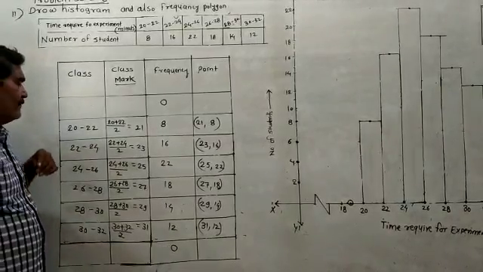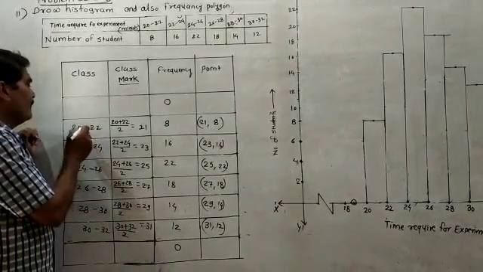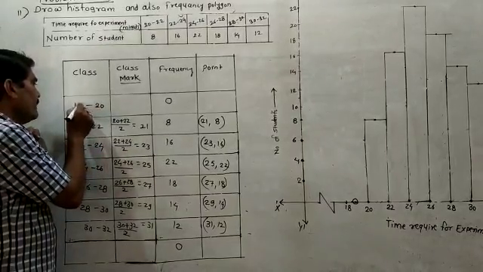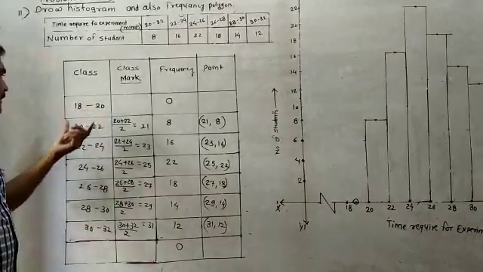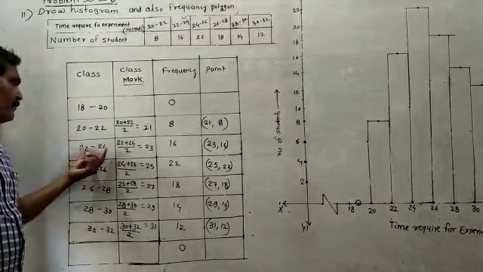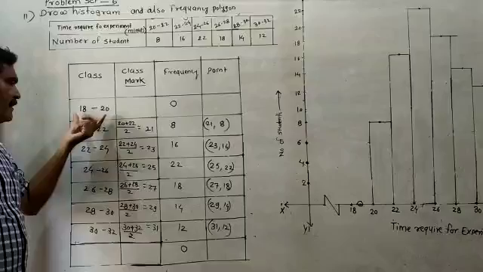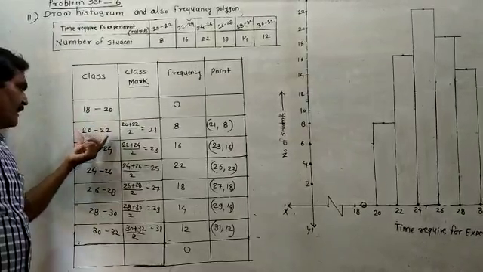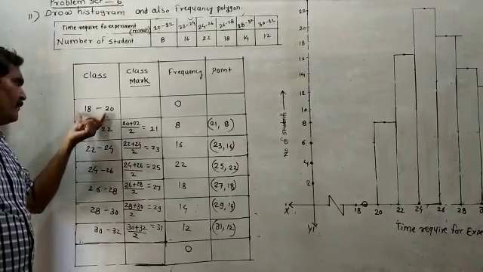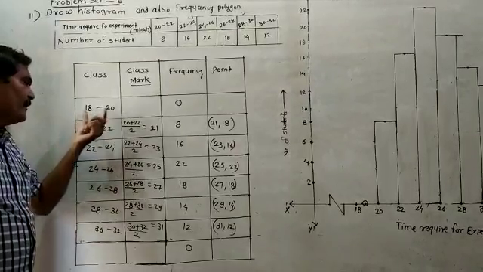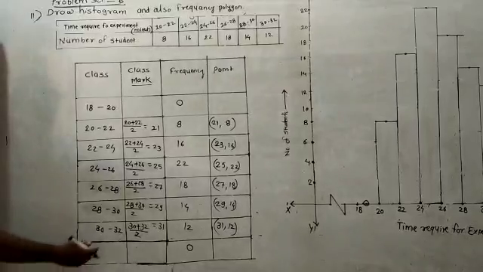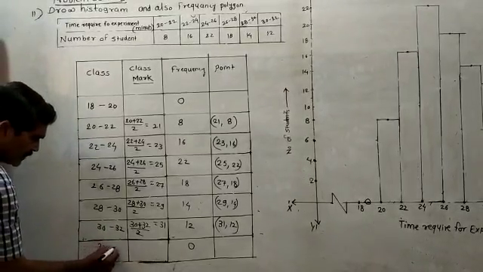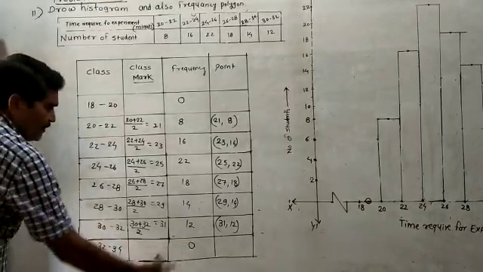I will write this as 18 to 20, in continuous class way. The preceding class of this 20 to 22 will come 18 to 20, and the succeeding class of this 30 to 32, you have to write 32 to 34, and the frequency of these classes you have to consider as 0.